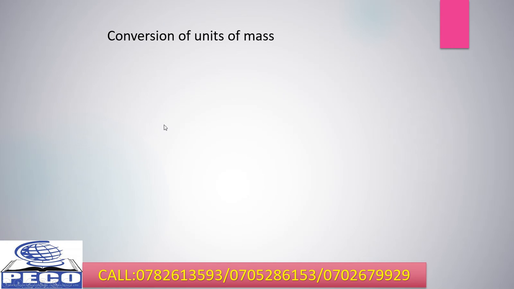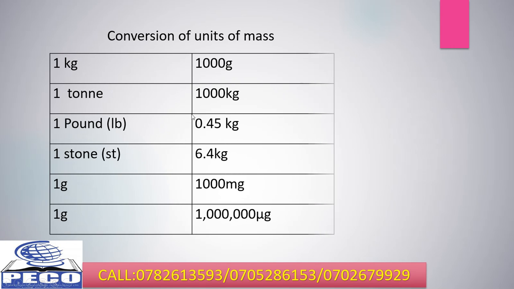so when you look at the conversion of units of mass, let's have this table. 1 kilogram is equal to 1,000 grams. 1 ton is equal to 1000 kilograms. But 1 pound is not even half a kilogram.